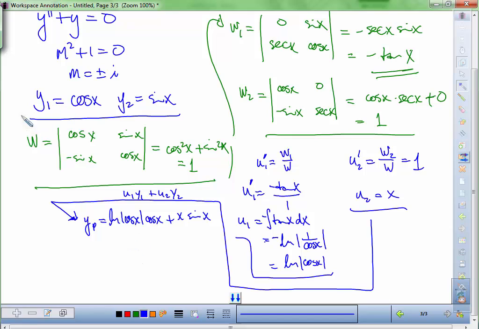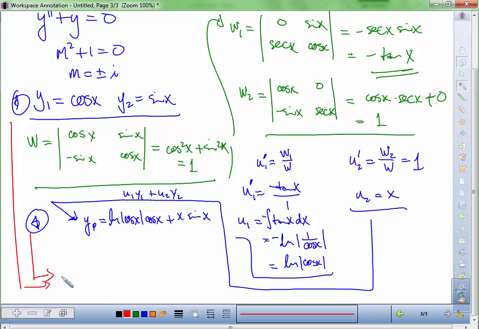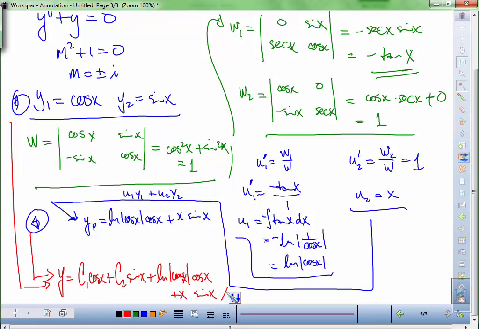So this, along with the fundamental solutions that we got, will make up our general solution for this differential equation. So y is equal to your arbitrary constant times y1 plus another arbitrary constant times y2 plus the y sub p that we just found, ln cosine x times cosine x plus x sine x, and we are done.